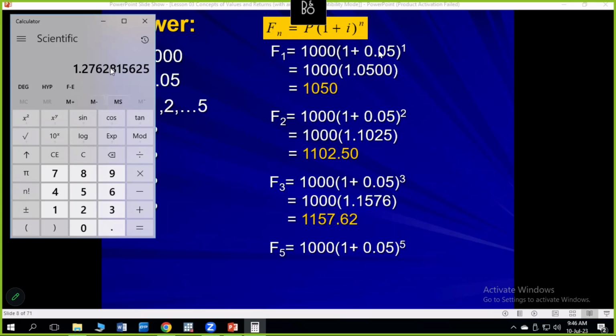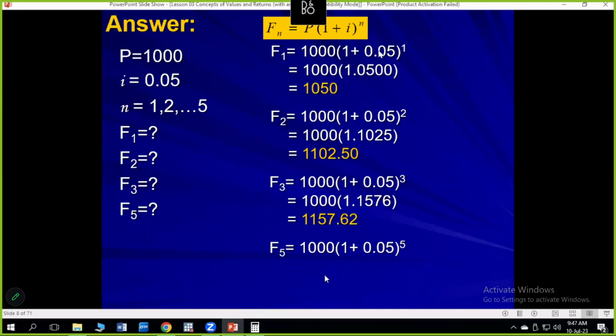But the students are not practicing this. They just put 1.2762, so it's wrong. It should be 63. The answer would be wrong, so we can't tolerate those mistakes.